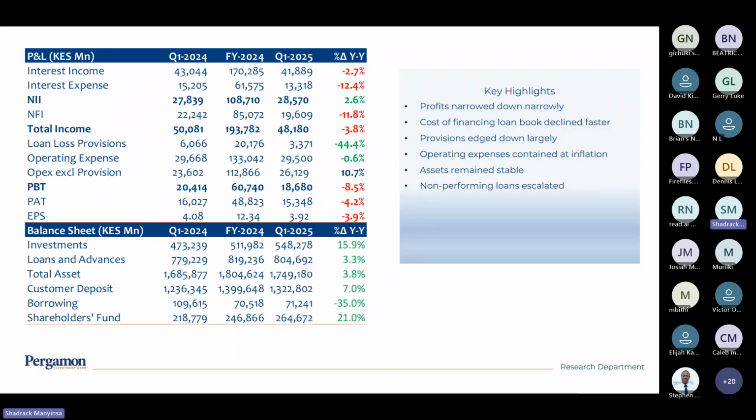So what can we say from all these financial performance of these around 9 banks?